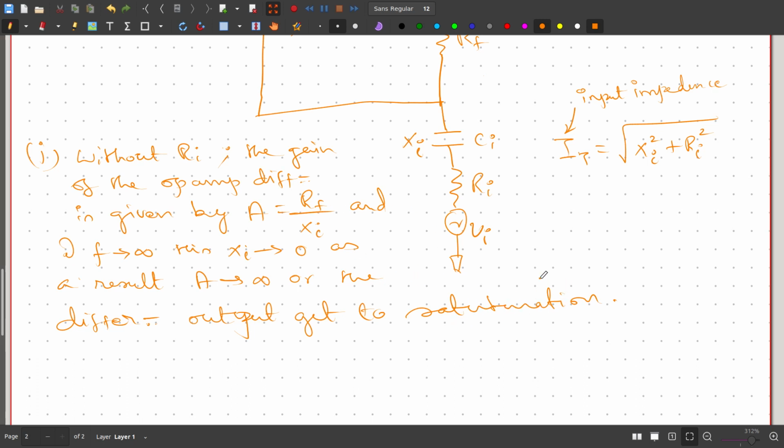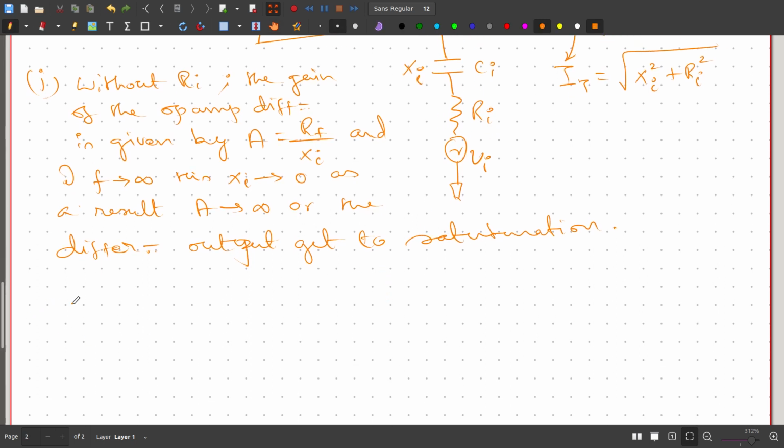That's why we add an Ri. By adding Ri, the gain of the op-amp now becomes Rf divided by root of Xi square plus Ri square.